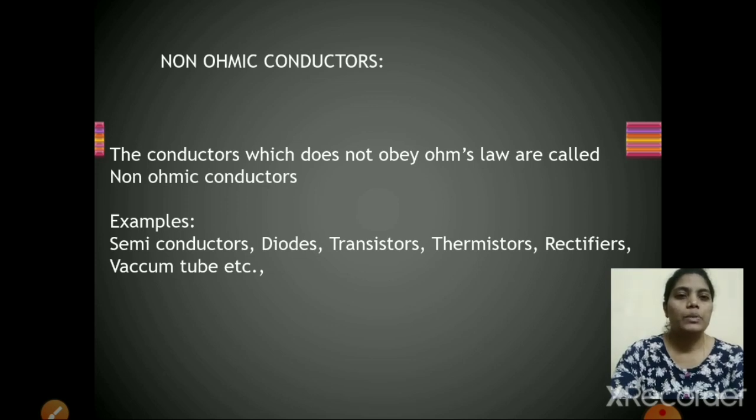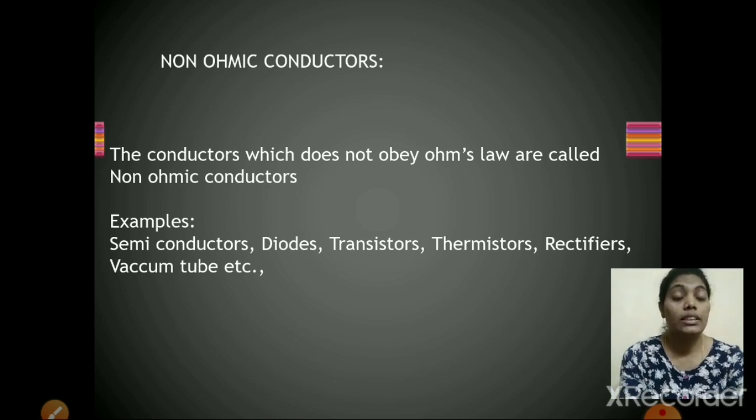Now non-ohmic conductors. The conductors which do not obey Ohm's law are called non-ohmic conductors. Here are some examples: semiconductors, diodes, transistors, thermistors, rectifiers, vacuum tubes are non-ohmic conductors.